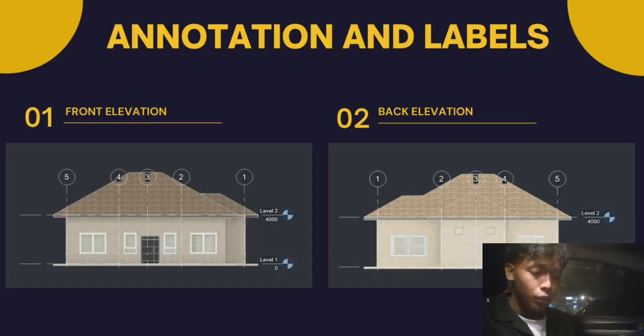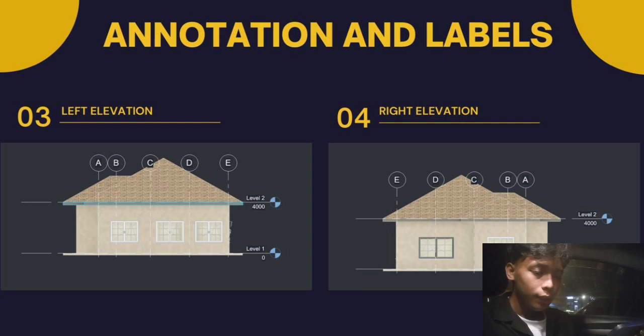I will continue to the next slide, which is annotation and level. As you can see, in our slide we have front elevation and back elevation. The next slide has left elevation and right elevation.